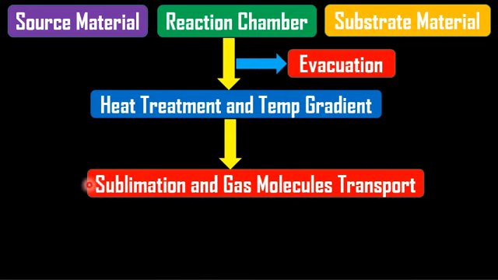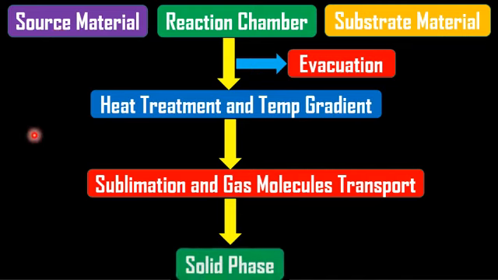So these gases will transport the sublimated source material, or the gaseous form of the source material, onto the surface of the substrate, where the sublimated source material will be converted into a solid phase.